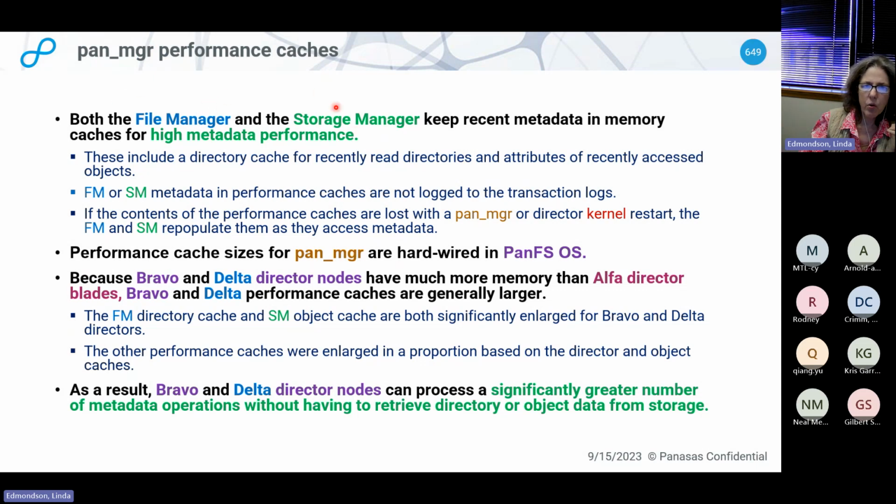For the storage manager, the two very important transaction logs are its repair log. Before it does any kind of repairs, it says, I'm going to repair this object. It repairs it, then it deletes the entry. And the storage manager is also keeping track of the open write caps. Clients have write capabilities on these objects.